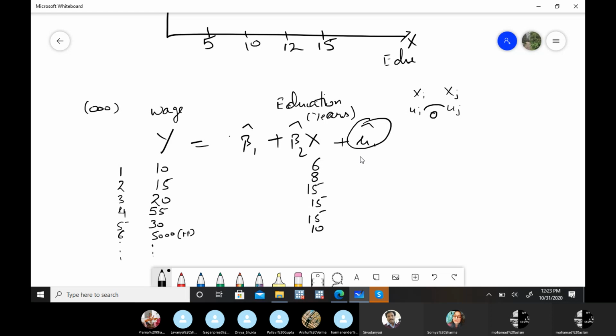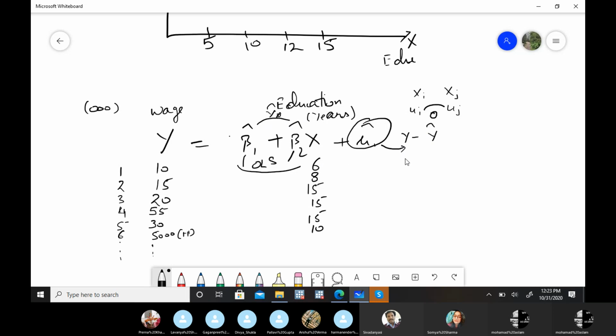If you have estimated these values, generally we estimate them with OLS, right? And if you put these two values, you can estimate the y hat, and then y minus y hat is your residual term.